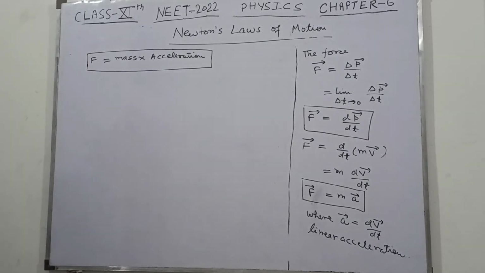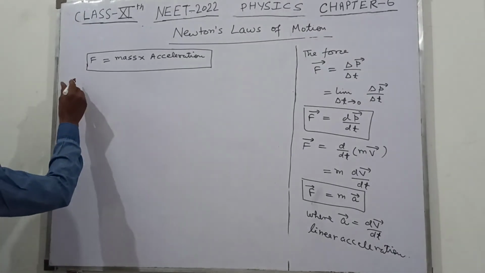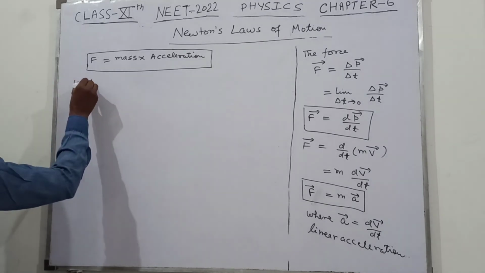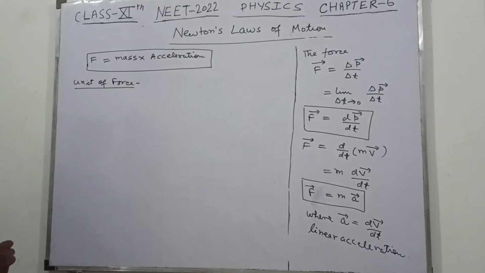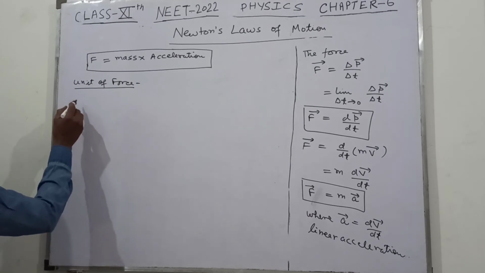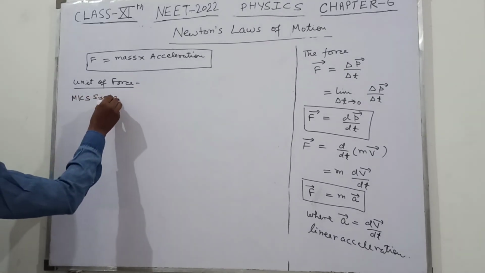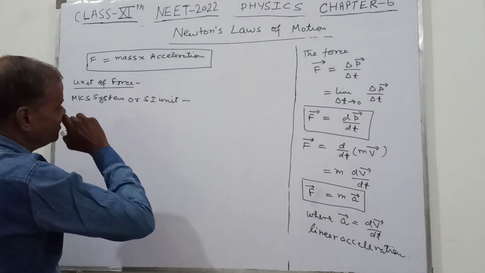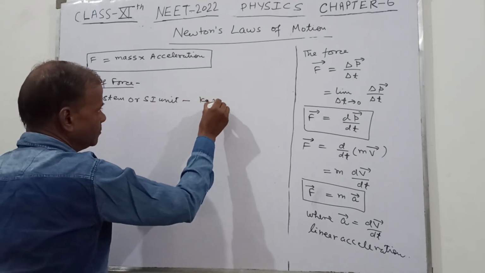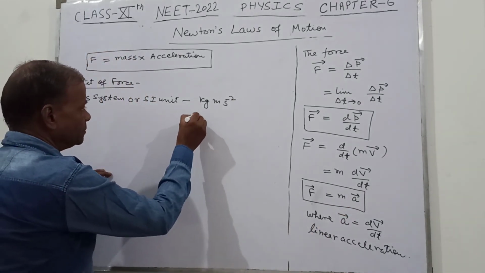Now I take the units of this one. The unit of force in the MKS system or SI unit is kilogram meter per second square, and this is equal to the Newton.